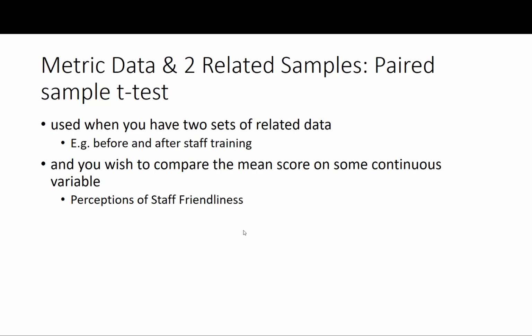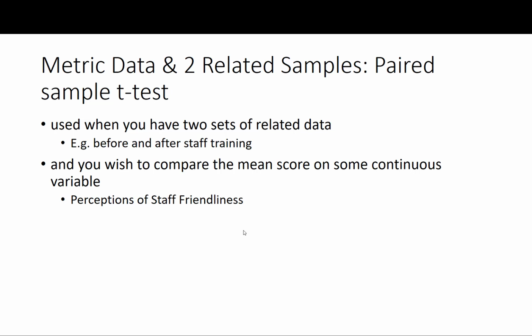A paired sample t-test is used when you have a metric data variable on which you want to compare two related samples. The related samples that I'm going to be talking about in this video are variables that measure before and after staff training data.